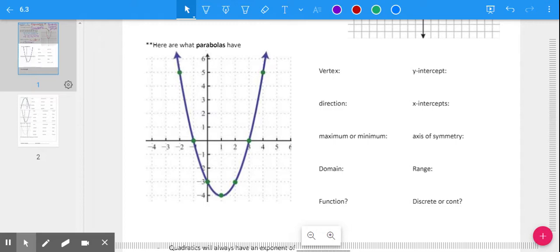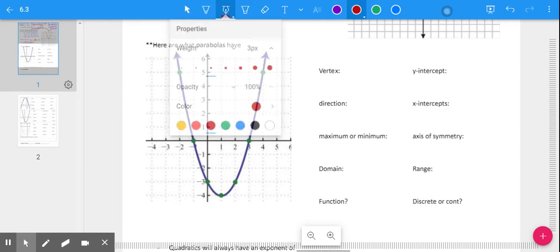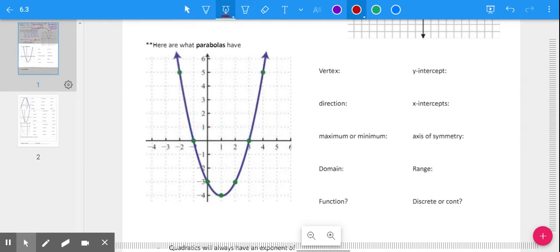So here's what parabolas have. According to our vocab sheet, a vertex is the turning point of the line or is the highest or lowest point. So our vertex here is (1, -4). It's our turning point. The y-intercept is something you guys have seen before. The y-intercept is where it crosses the y-axis, which is at (0, -3).